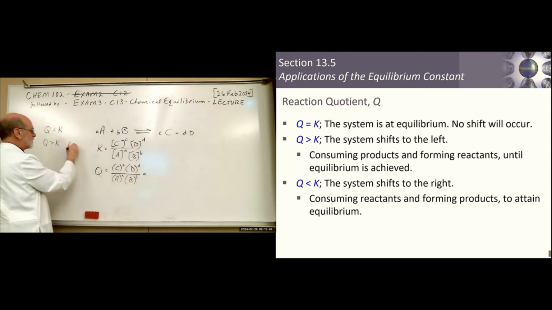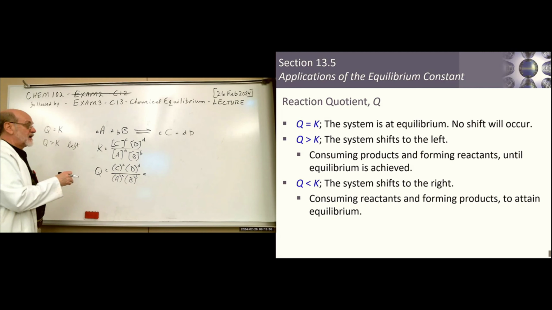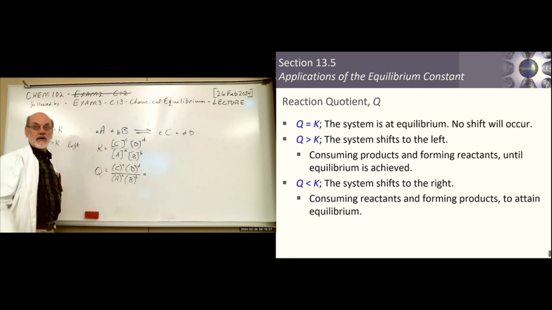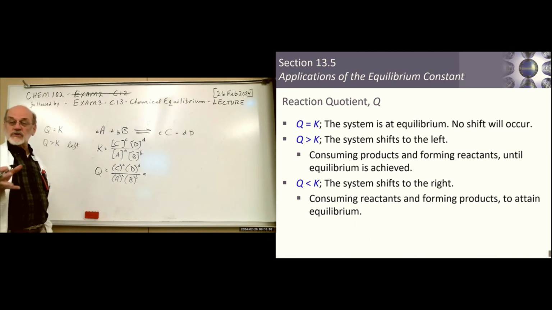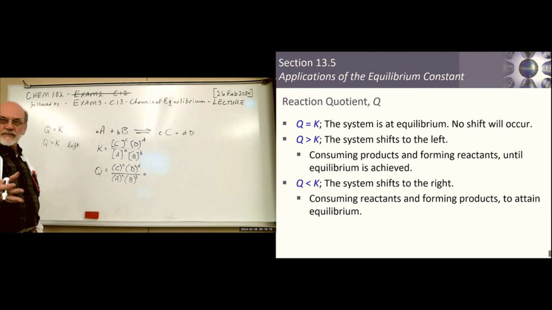So we're going to shift to the left for the reaction as written. And the reason I say that is if you write it in reverse, it's going to be the other way around. So when you say left, right, for an equilibrium shift, you have to reference a balanced equation. If you don't reference a balanced equation, then left and right means nothing.